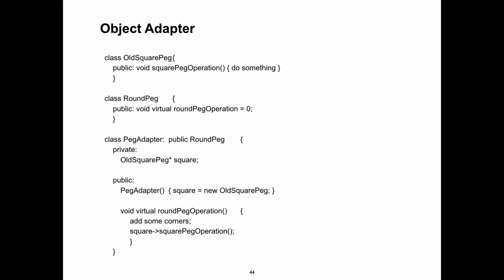Object adapter is where you've got a field, which is the old interface, and then the adapter has a new interface, and it maps the new interface to the old interface methods.